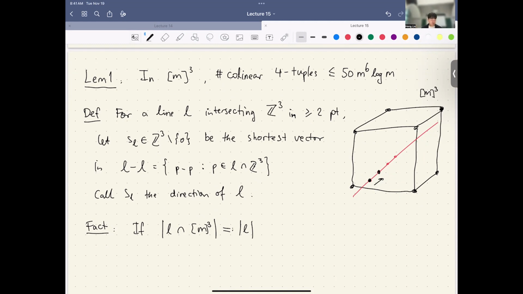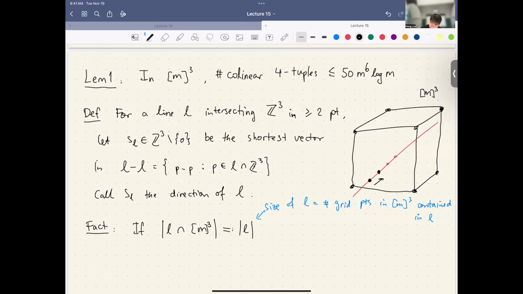All right, this is the notation, non-standard notation. And let's call this the size of L. Okay, size of L is the number of grid points in M cube contained in L. Good.